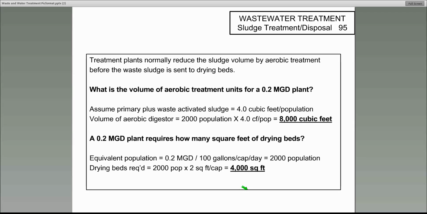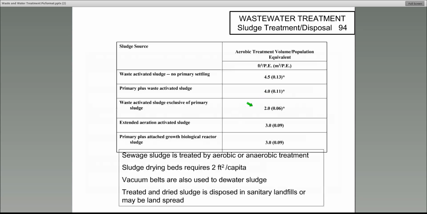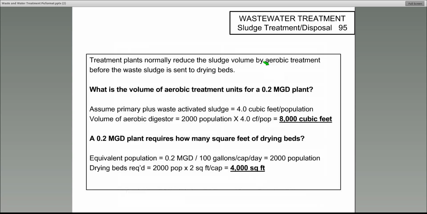Okay, what is the volume of an aerobic treatment plant for a 0.2 MGD plant? Going back to this table, remember it's 4 cubic feet is required for each population equivalent. So if we go to this problem, a 0.2 MGD plant would have an equivalent population of 2,000.